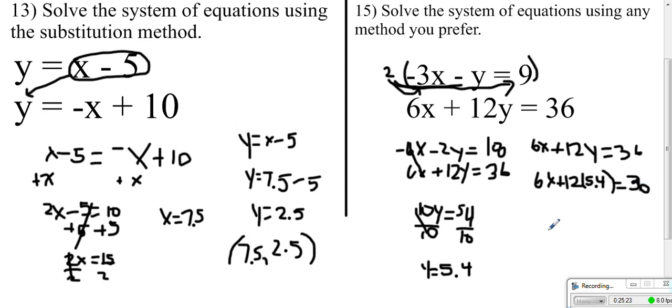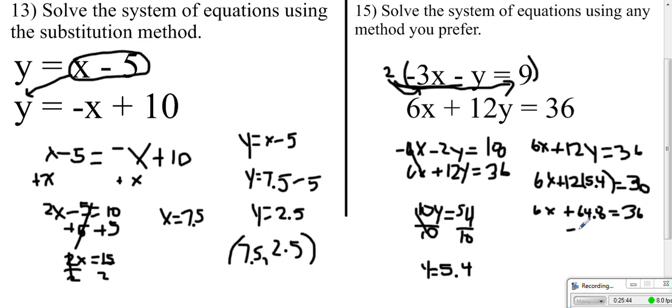Okay, so you have 12 times 5.4, which is 64.8. Bring down the 6x. Remember, you have to solve for x. And bring down the 36.